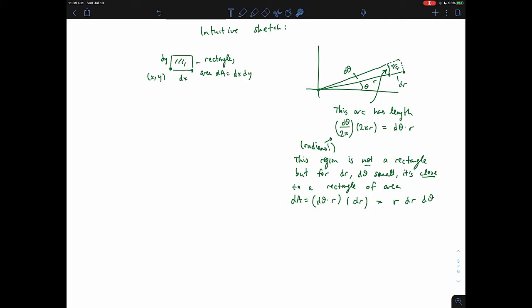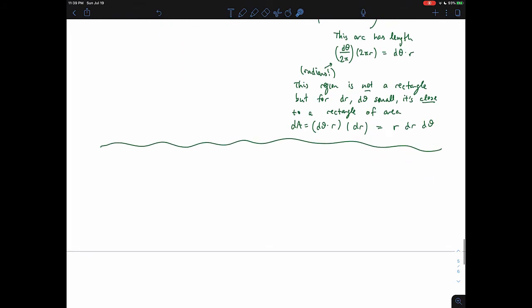But this idea of something that's close enough to a rectangle hopefully gives some intuition of how the area elements work. Okay, so that has been a little explanation of why the area element dA is given by the expression r dr d theta. Let's put it together and evaluate this integral.